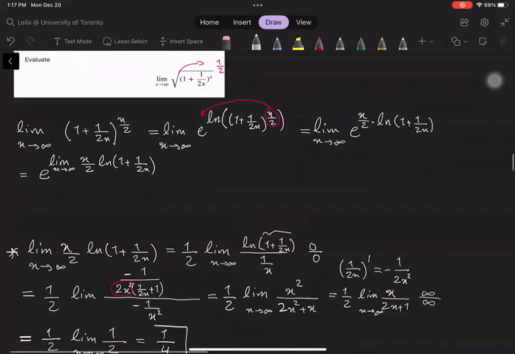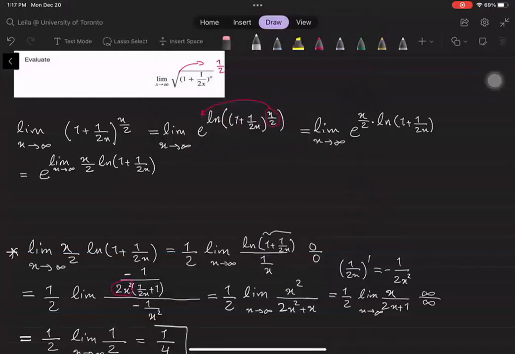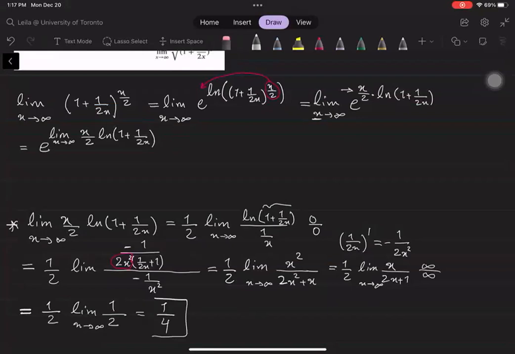And then for this part, you write e to the power of ln of what you have, basically the same as finding the limit of what you have, right? And then I separated this because you have x up here in the power. So I separated that. You want the limit of that part. The e part doesn't really matter. Okay.